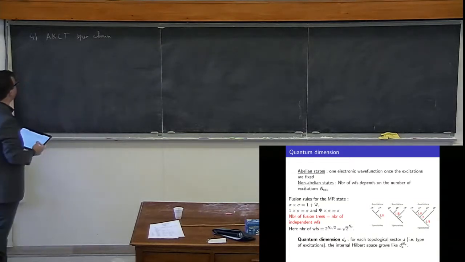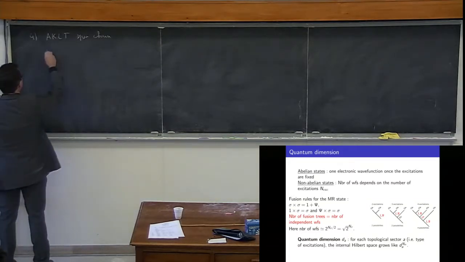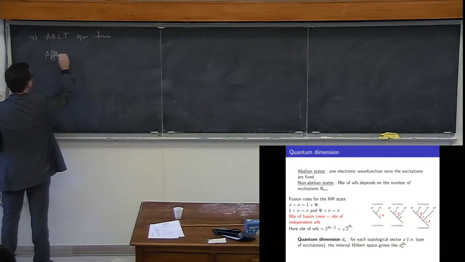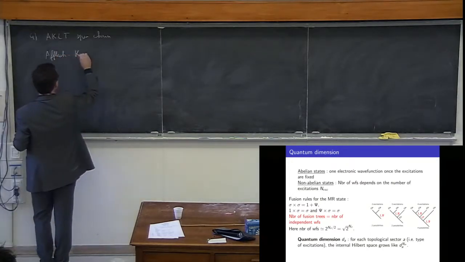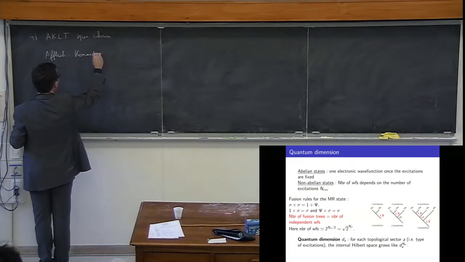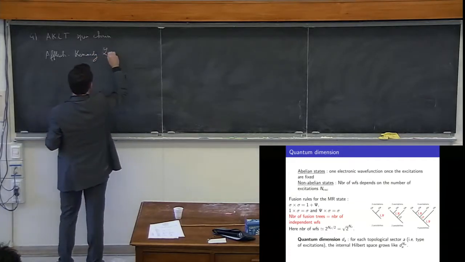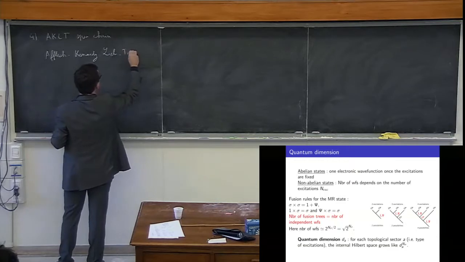So let's talk about the AKLT spin chain. AKLT, in case you don't know the acronym, is for Affleck, Kennedy, Lieb, and Tasaki.